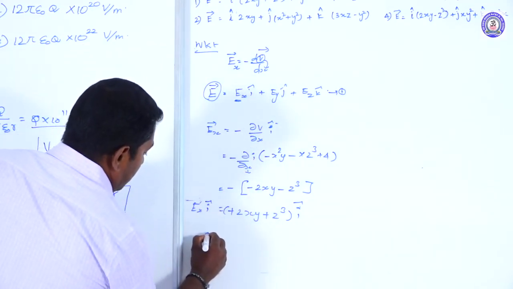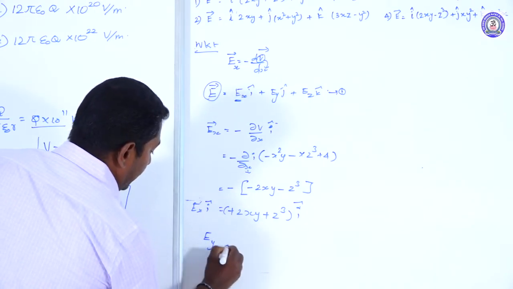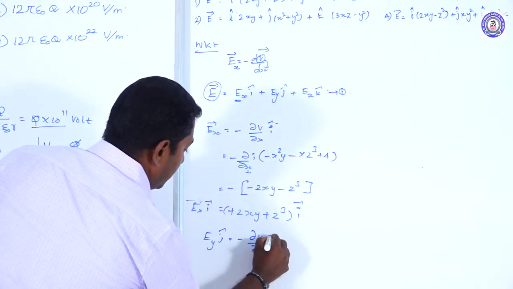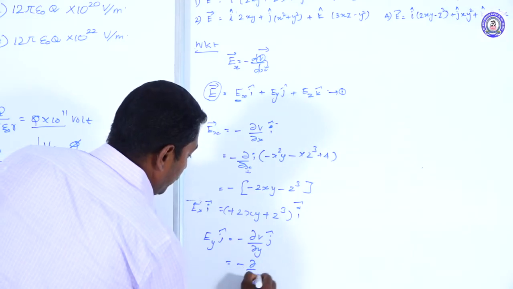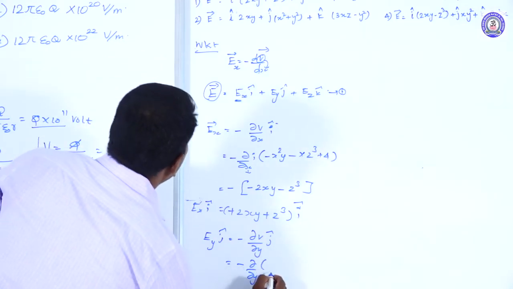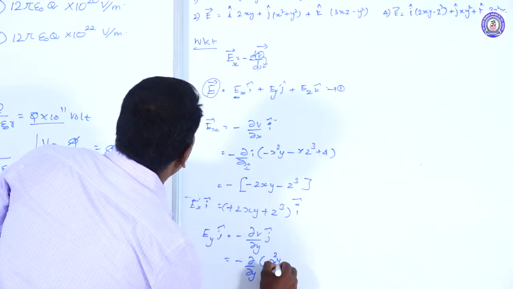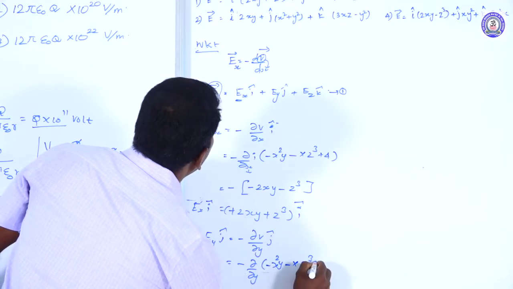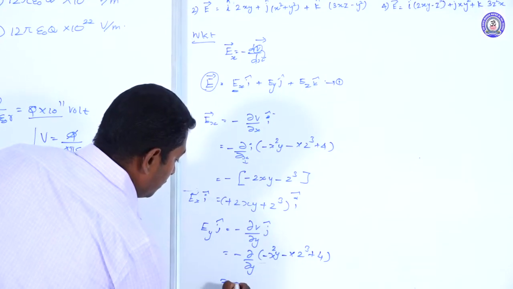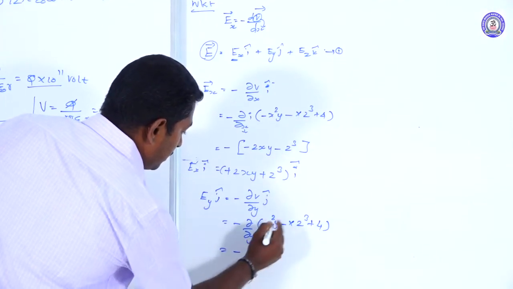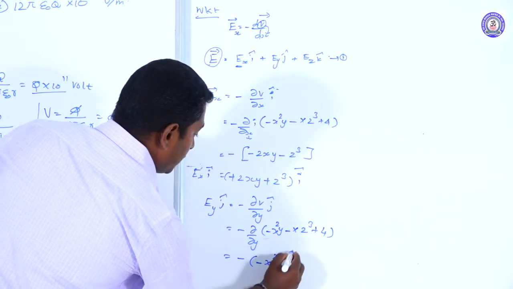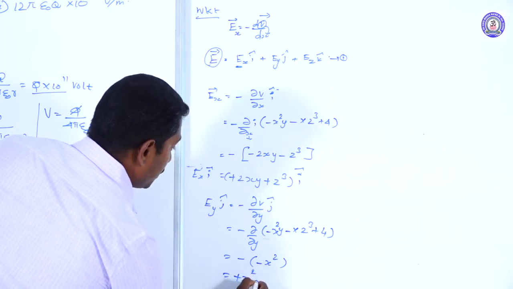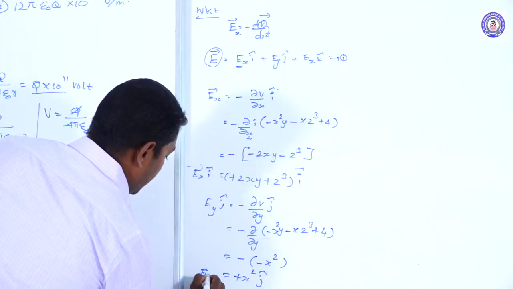Then the electric field intensity along the y coordinate axis, Ey j cap, is equal to minus dou V divided by dou y j cap, which is minus dou divided by dou y of V value minus x square y minus x z cube plus 4, which is equal to minus, minus x square, that's all, plus x square j cap. Ey j cap.